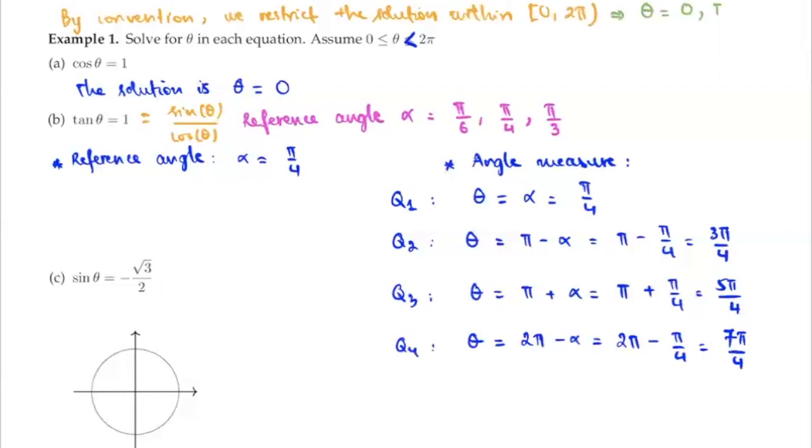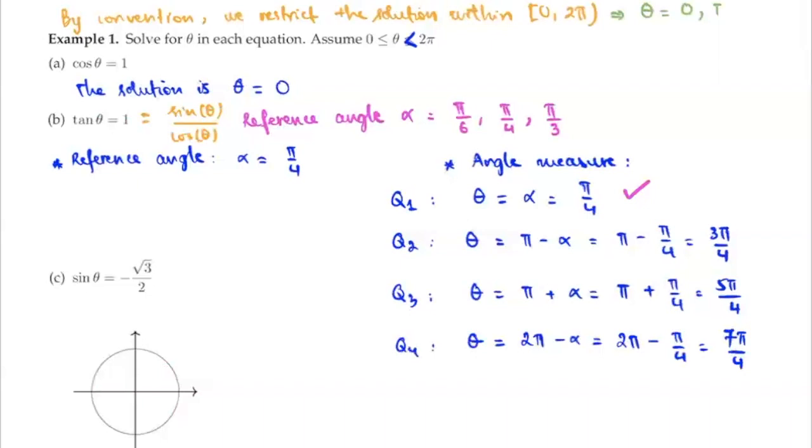So you look for the quadrants where both sine and cosine give you positive. Okay, in the first quadrant, let's take a look at this unit circle. In the first quadrant, both x and y are positive, so you have one solution here, theta equal to pi over 4.